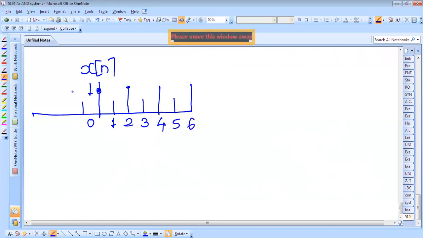Similarly, the same on the negative side, at minus 1, minus 2, minus 3, minus 4.